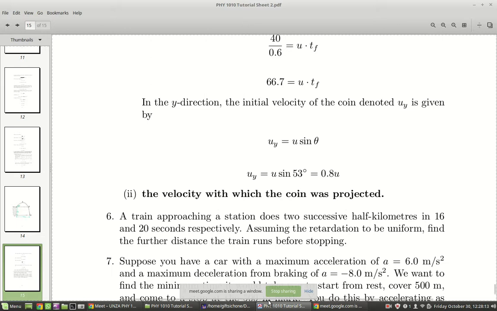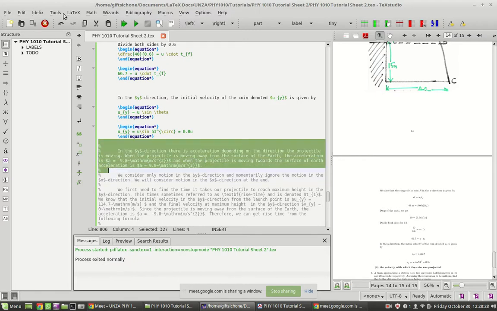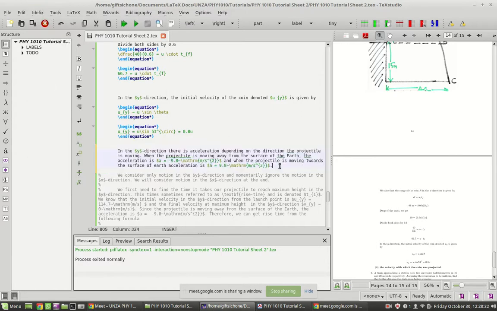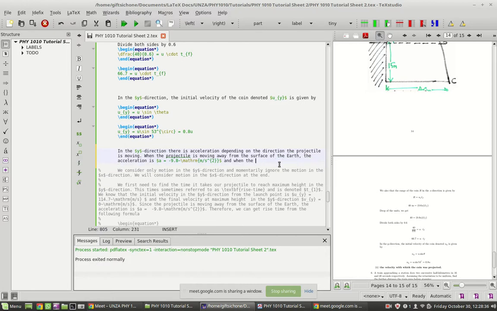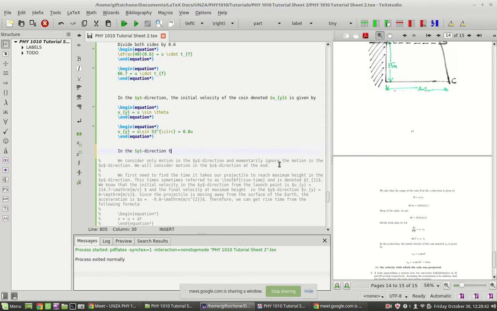All right. So next we proceed to work out the motion in the y direction. If you look at the journey of the coin, there's a part where it's moving away from the surface of the earth, then it reaches maximum height.